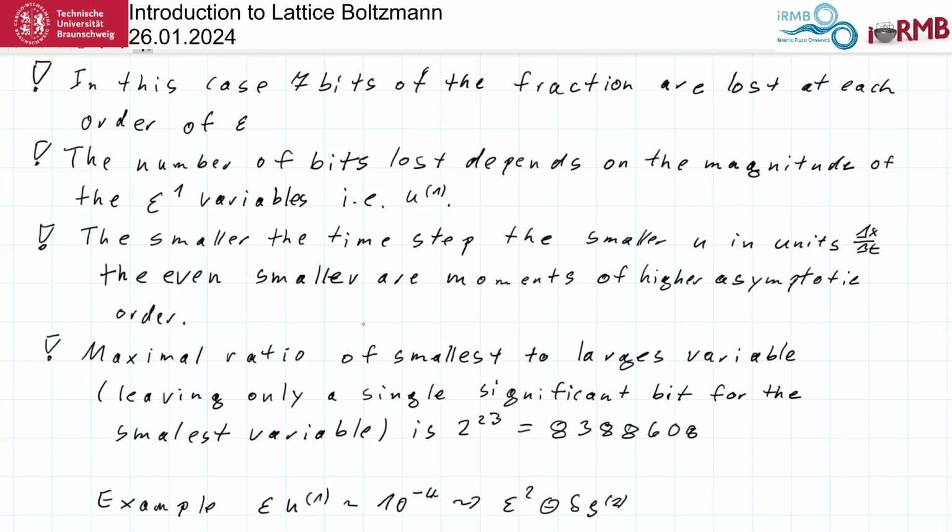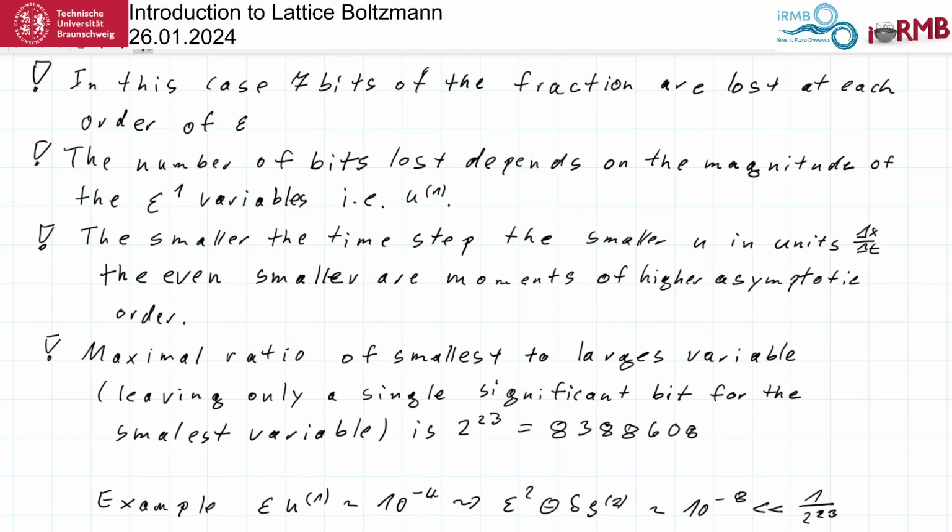So the density here would be 10 to the power of -8, which is already much smaller than this. So basically, one variable can be 8 million times bigger than the other.